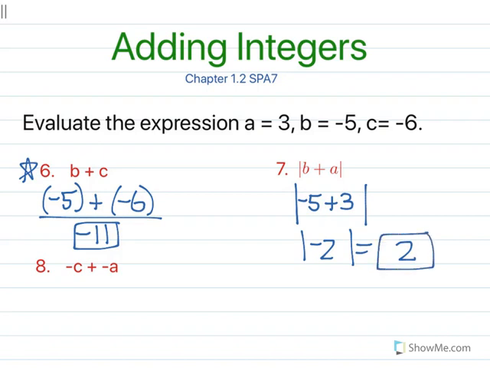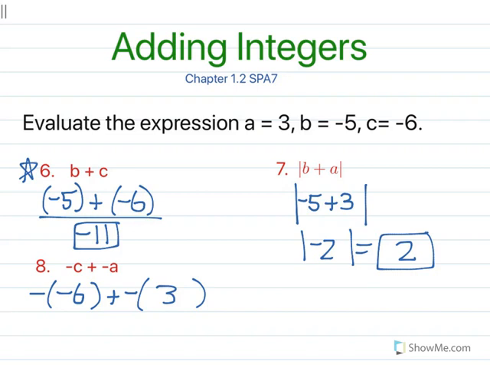Our final one, it's the most complicated of all, at least of these three, right? So we have negative, and then whatever c is, plus negative, and then whatever a is, right? So c is -6, and a is +3.